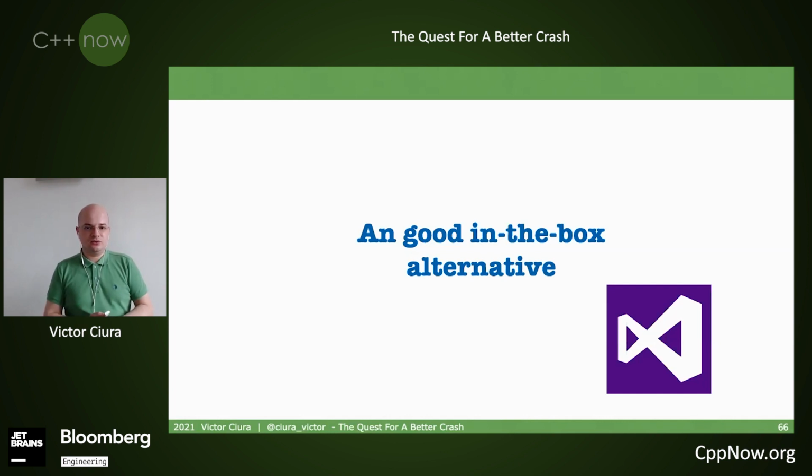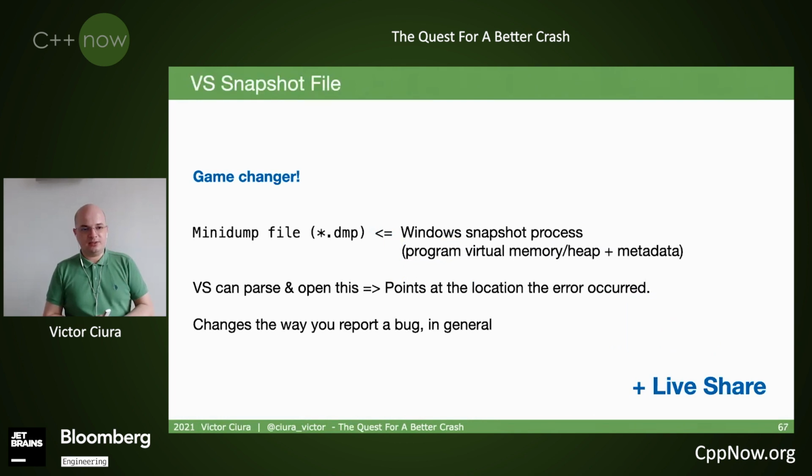So there is a good in-the-box alternative, and this is, you might be familiar with dump files or mini dump files, but you might not be aware that there's a revamp, let's say, in newer versions of Visual Studio of the so-called Visual Studio snapshot file. And I think this is the real game changer.